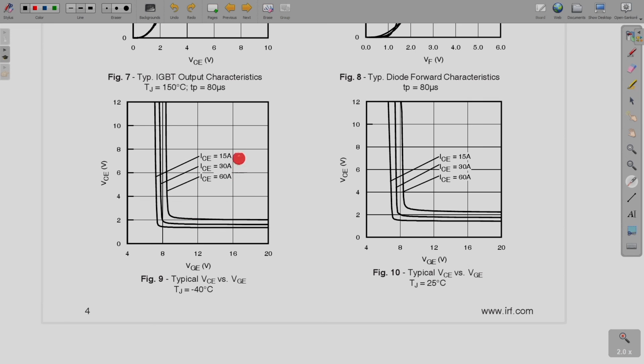And what is the corresponding collector current, that is also given over here. It increases with the collector current, but the overall collector emitter voltage decreases greatly when the gate emitter voltage is increased and it goes into saturation. This is given for minus 40 degrees C, and the same is provided for 25 degrees C, showing how this graph changes with temperature.